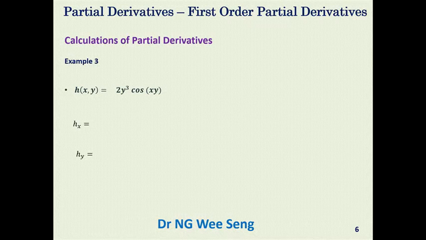Finally, an example involving the product rule. Again, we have a product of 2 functions, 2y to the power of 3 and cosine xy. First, we differentiate h with respect to x. Inspecting the terms carefully, 2y cubed is actually a constant with respect to x.